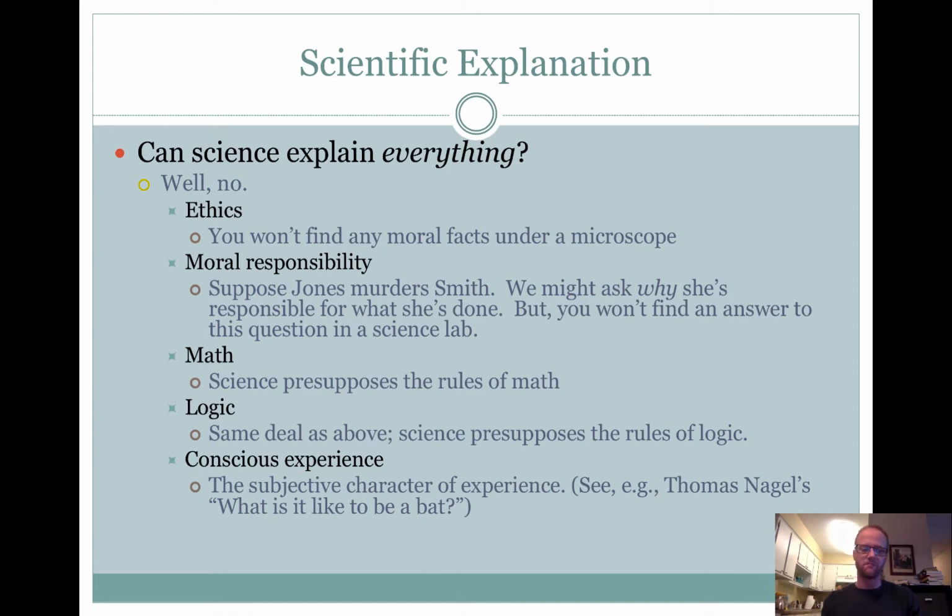Now this is somewhat controversial, but not that controversial. There's the so-called subjective character of experience. There's this really well-known paper by Thomas Nagel, called What is it like to be a bat? Now, you might think of what it might be like to be a bat, zipping through a cave and dodging through the stalactites and the stalagmites.